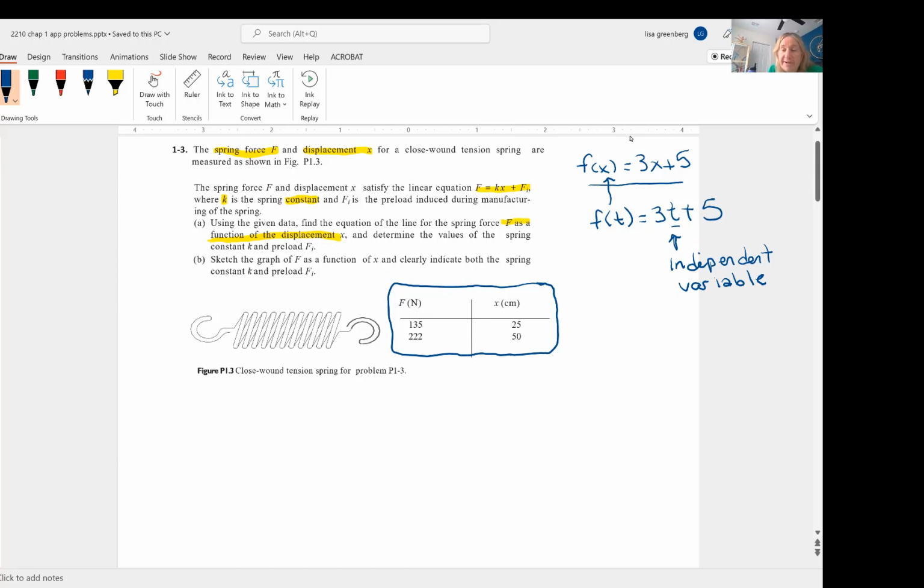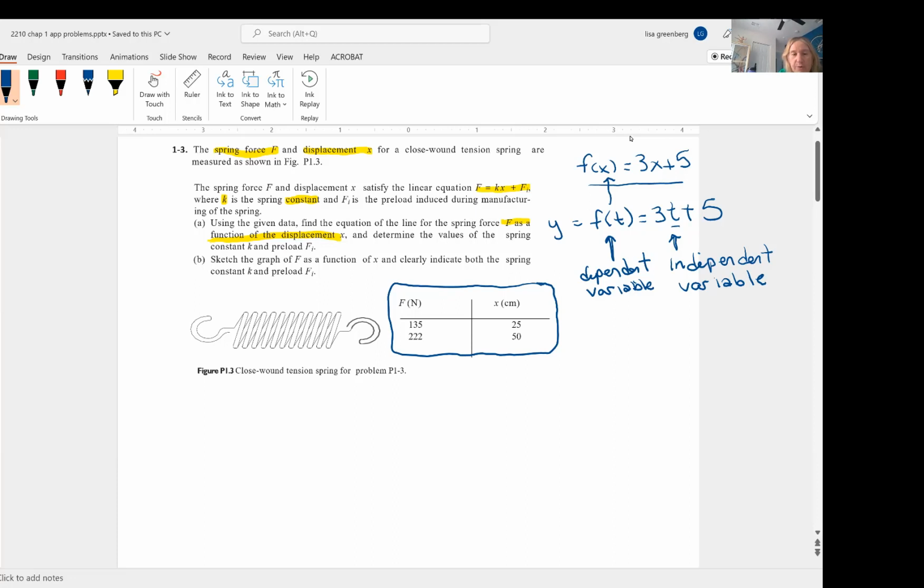It's the independent variable because if I pick t equals 1, then I get my f of t, which is really the same as y, right? This is called the dependent variable because it depends on what I pick for x or t or whatever it is that I'm picking.